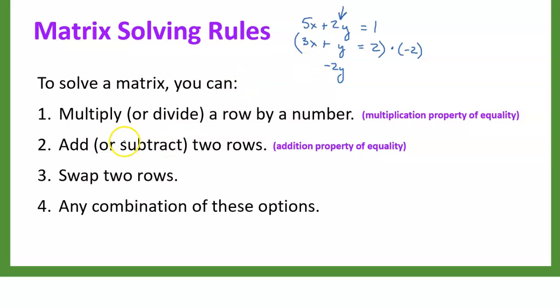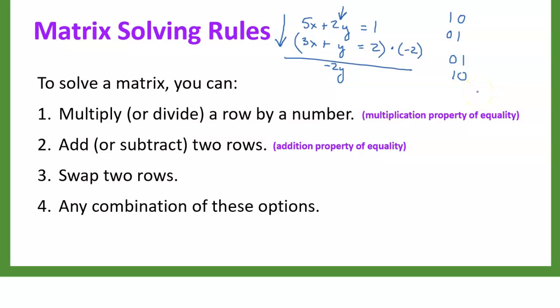Other things we can do, we can add or subtract 2 rows. Remember, that's exactly the same as adding straight down like we did in elimination. We can swap 2 rows. Now, we never did this in elimination. The only reason you want to do that in a matrix is because you want to get this format with the 1s on the diagonal. Sometimes you end up with them swapped, so they look like this, and then our brains are like, what?